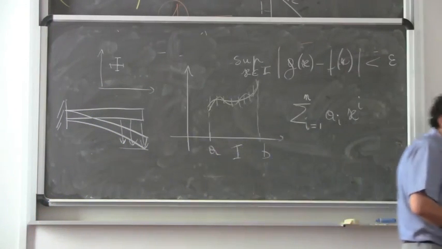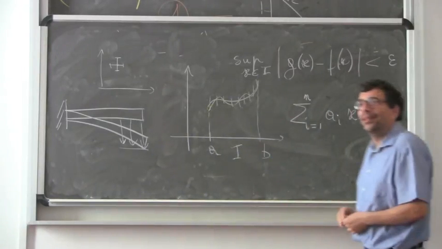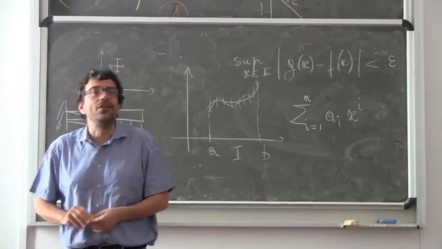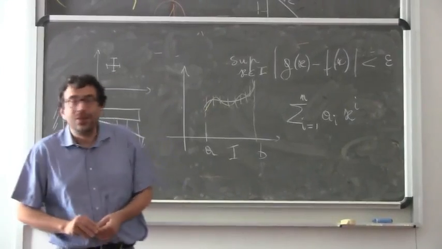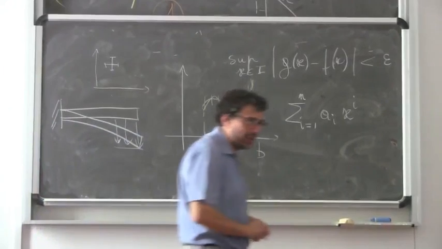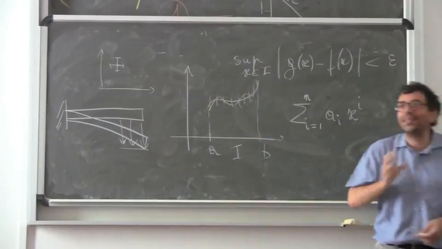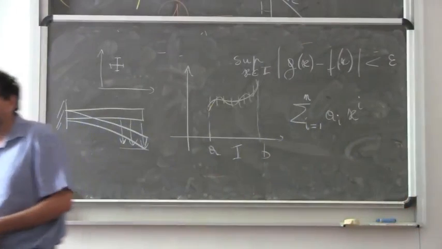Now, the bad news, this is the good news. The bad news is that the theorem of Weierstrass is not constructive. This is typical of mathematicians. It proves there exists such a polynomial, but it is not giving you the instructions for building it.